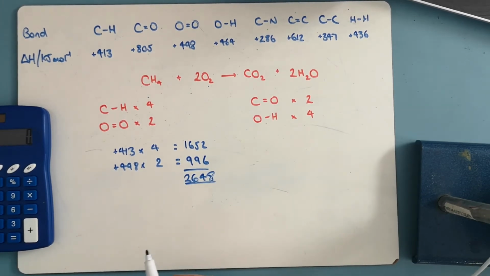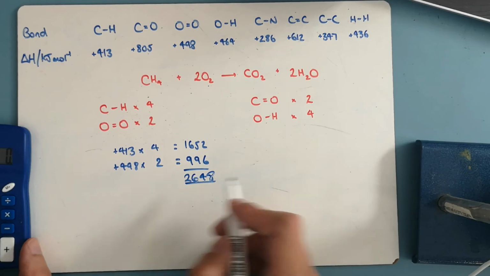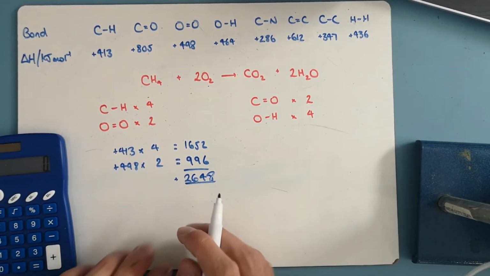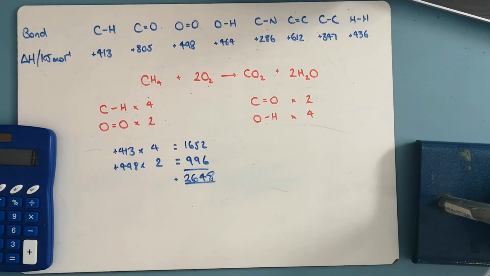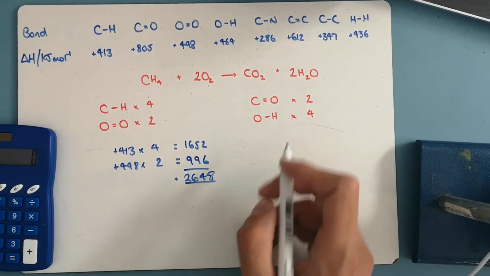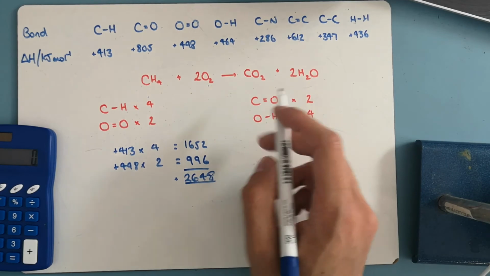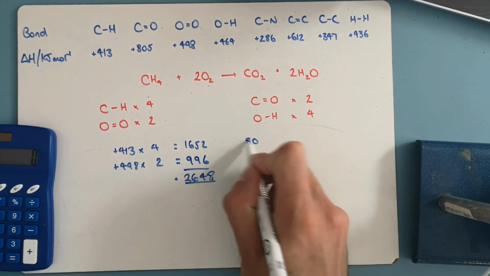I hope that's right, doing that quickly in my head. So 2648 for the amount of energy to break all those bonds. Then over here, C=O is 805.